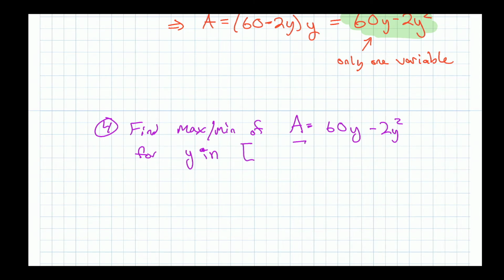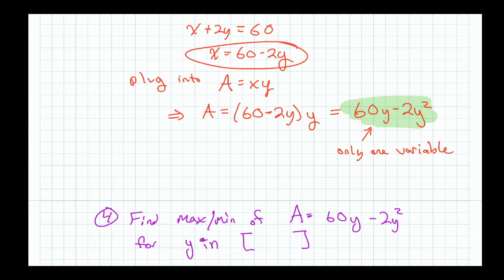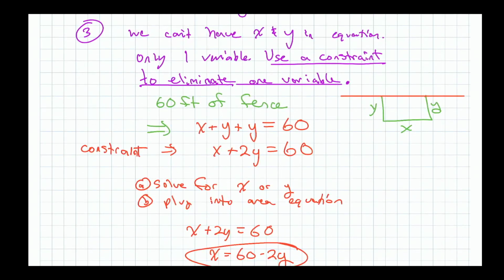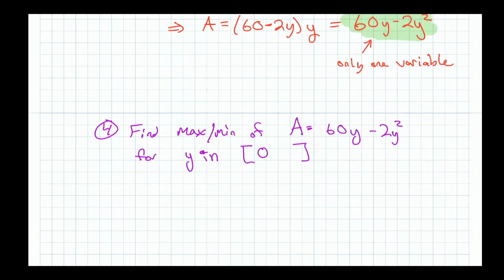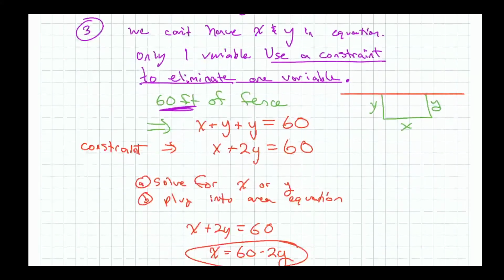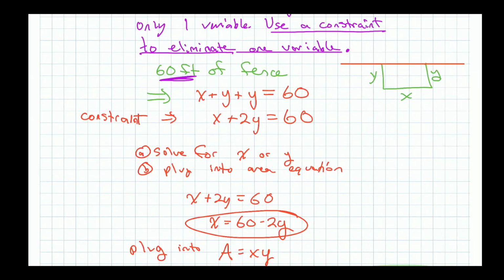But how big and how small could Y be? How much fence do we have? 60. So what's the smallest Y could be? Y could be 0, right? Now what's the biggest Y could be? Well, you have 2Y equals 60.